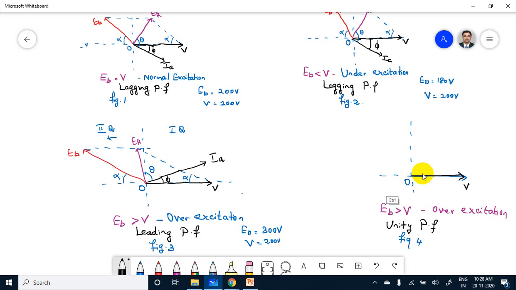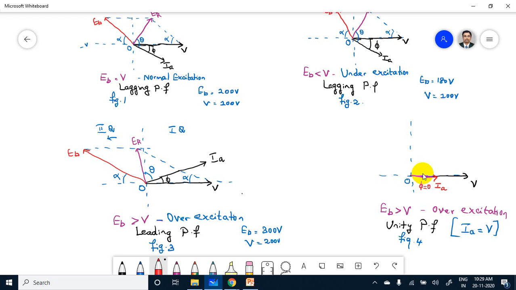This is V. Understand? For unity power factor, the current value IA will be equal to V. Please take down, IA is equal to V. So IA is available in the same line as V. In unity power factor, the phi value should be 0.